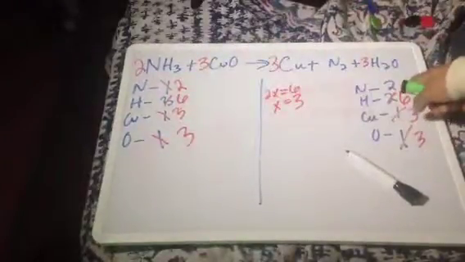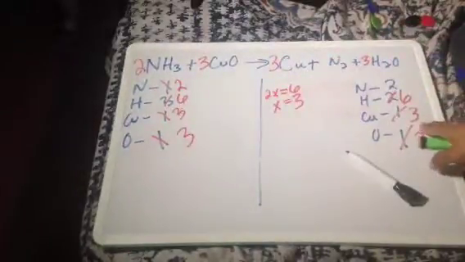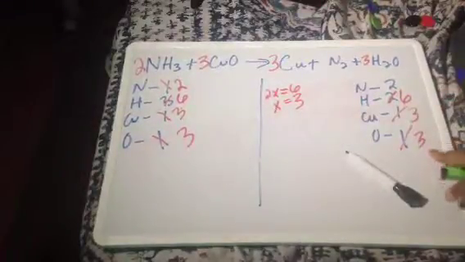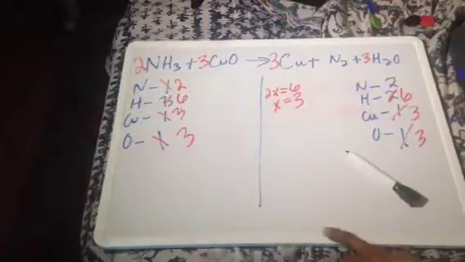So we have 2 nitrogens on this side, 6 hydrogens on this side, 6 hydrogens on the right. We have 3 coppers on the left, 3 coppers on the right, 3 oxygens on the left, and 3 oxygens on the right. So I think that it is safe to say that this chemical equation is balanced.